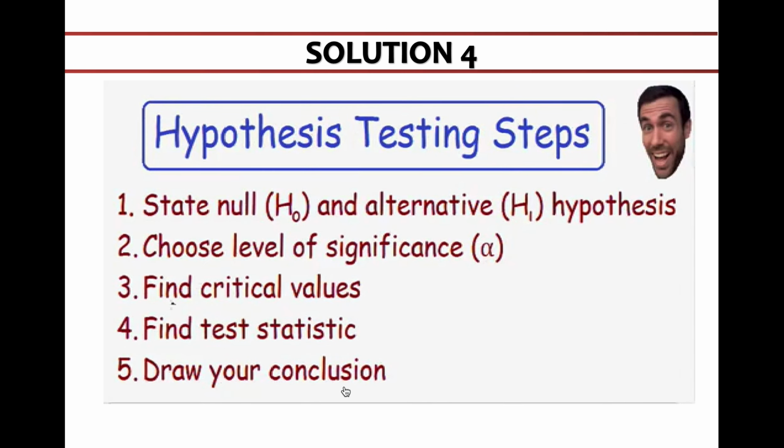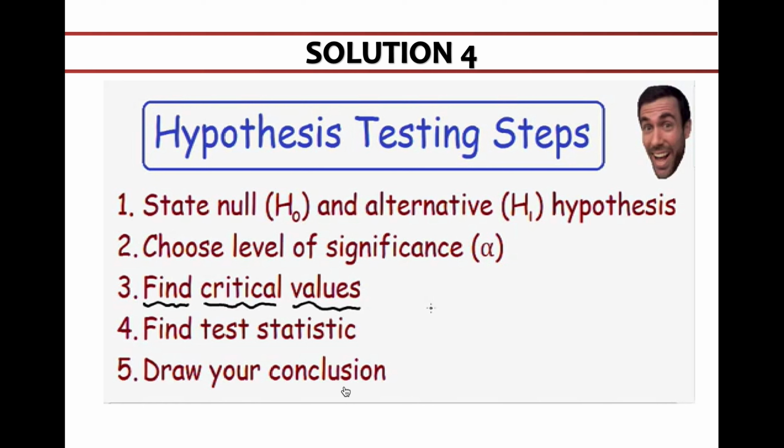Now, step number 3 says to find the critical values. The critical values are just the z-value or the t-value that separates the tail from the rest of the curve. Now, I mentioned earlier that we're using a t-test or t-distribution for this particular example.